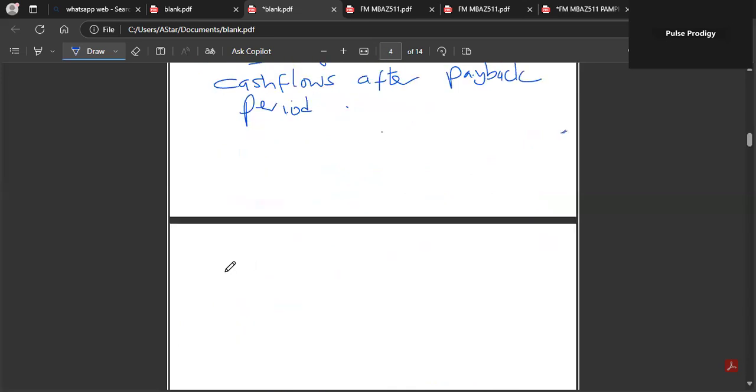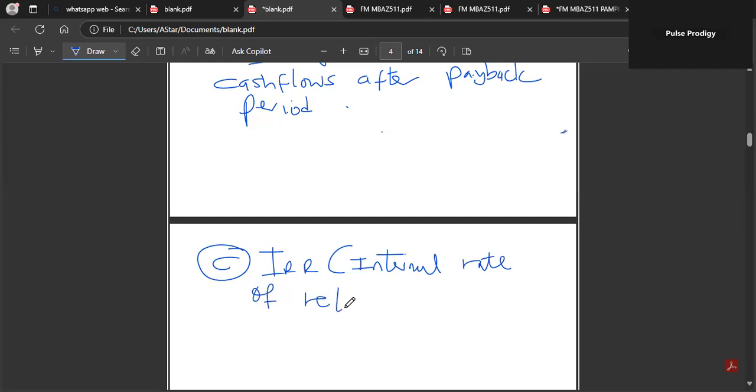Now we can look at the internal rate of return.